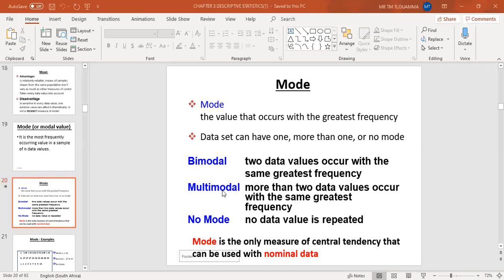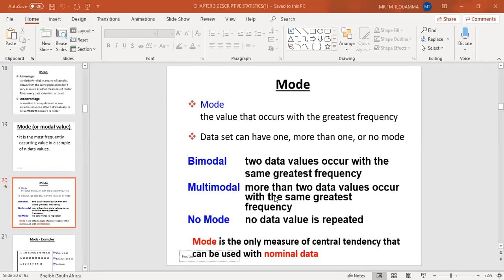Then with the multimodal, more than two data values occur with the greatest frequency. Meaning in this case, we're going to have more than two modes. Let's say even 5 joins 3 and 7: 3 and 3, 7 and 7, and also 5 and 5.